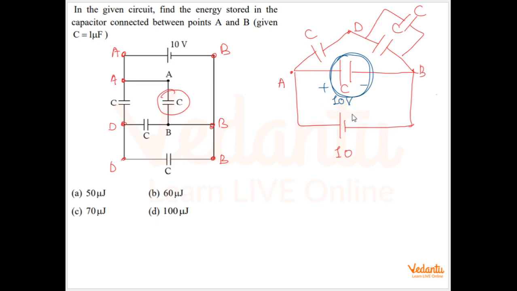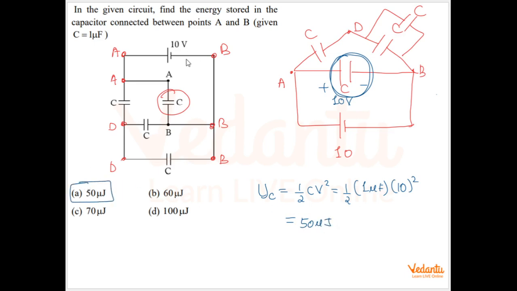It's directly connected to the points A and B. So what I can say is that energy stored in that capacitor will be half into C into V square. For that capacitor, capacitance is given as 1 microfarad and the potential difference is given as 10 volts. So that will just become 50 microjoules. So option A will be the correct answer.